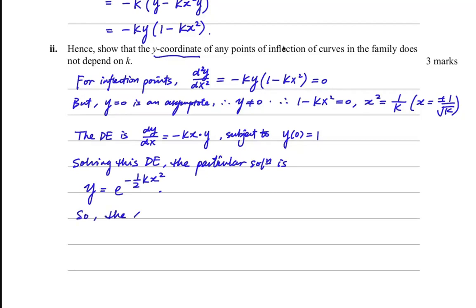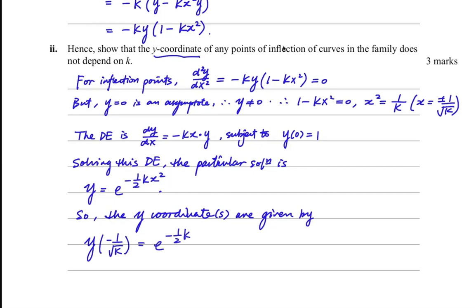So the y coordinates are given by y of 1 over root k equals e to the power of minus half k times 1 over k, okay?